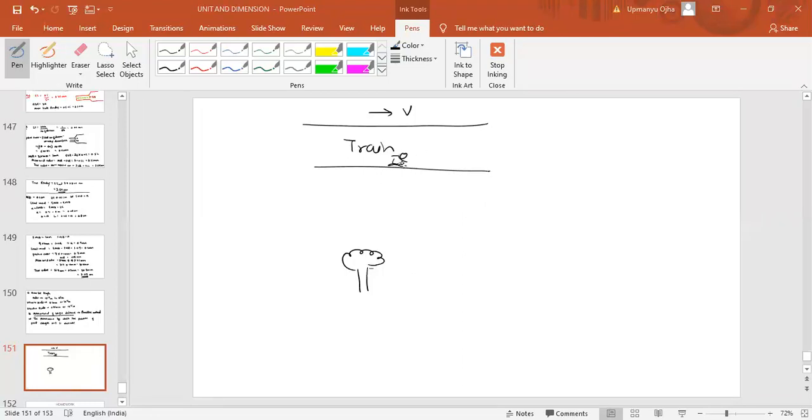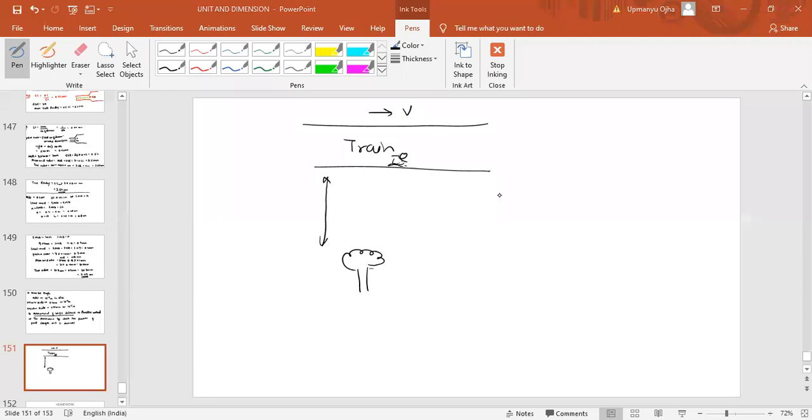So when you are on the train, you will observe that the position of the tree changes with respect to you very fast. Why is it changing so fast? Because the train has very high speed, and this tree is located at a very near position, meaning the distance between the train and the tree is very small. The tree is not moving backward. If you are a biology student, you know a tree cannot move. You are moving, but it appears that the tree is moving. Actually, the tree does not move.